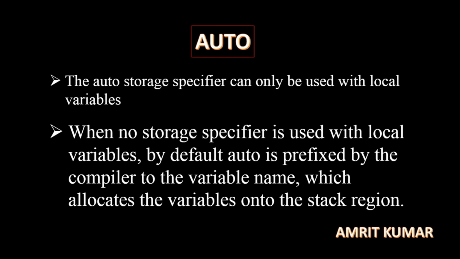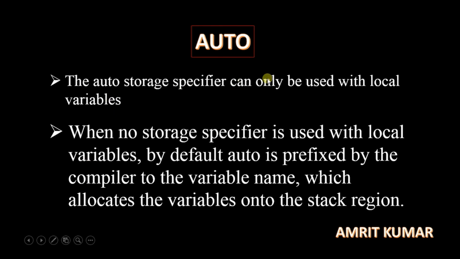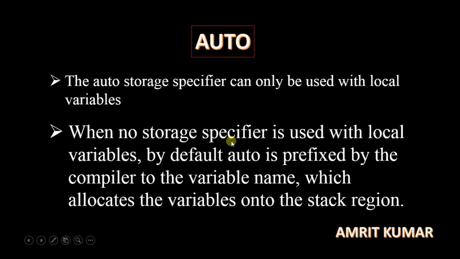We have studied that when no storage specifier is used with local variables, and I1 and I2 are local variables, and that the auto storage specifier can only be used with local variables, then by default auto is prefixed by the compiler to the variable name.